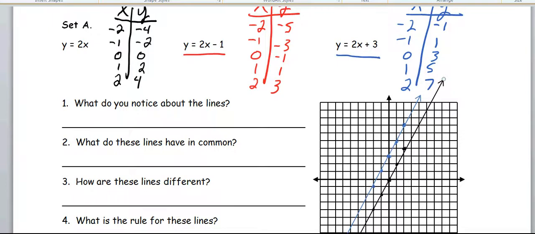Now let's do our red one. So, let's see here. I'm going to use red ink. -2, -5. And we're going to put in our line.